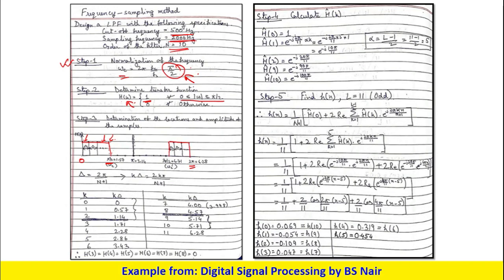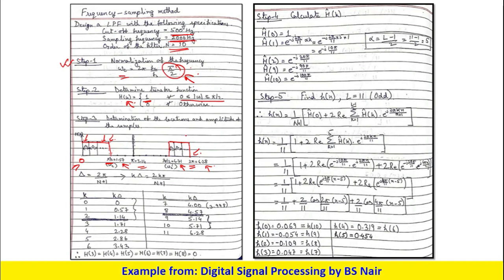So these are the pass bands. Pi by 2 in decimal comes out to be 1.57. At pi it is 3.14, 3 pi by 2 is 4.71, and 2 pi is 6.28. We also know the point at 0 and the point at 2 pi are the same.